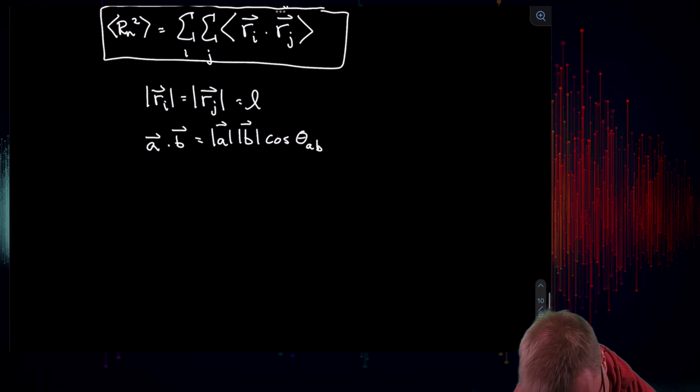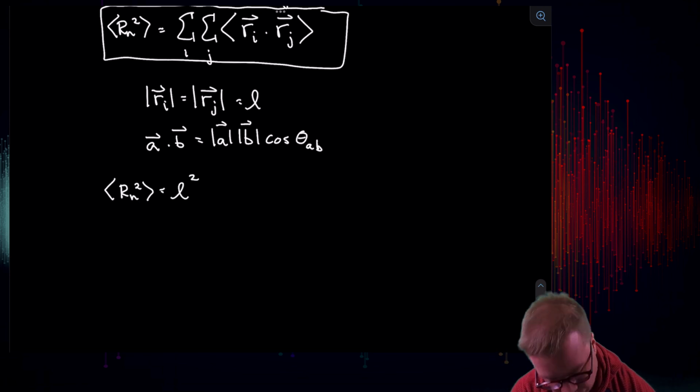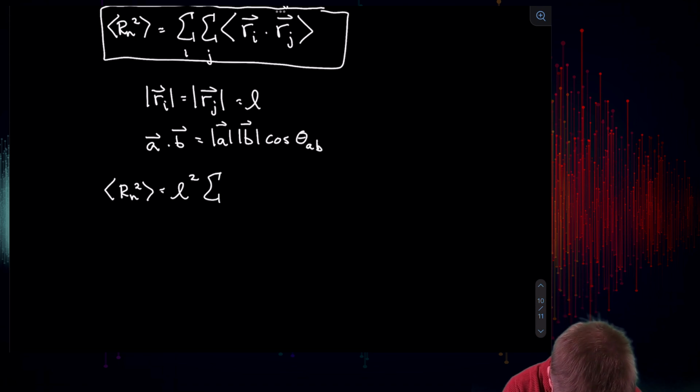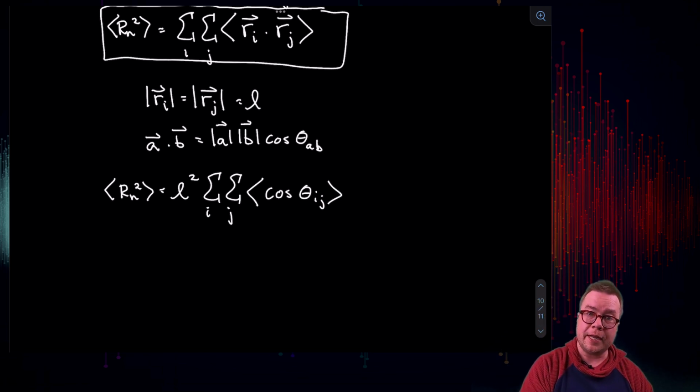So that means that our mean squared end-to-end distance is going to be L squared, because the vectors have the same magnitude, summation over I, summation over J, of the average of the cosine between any two bond vectors, right?